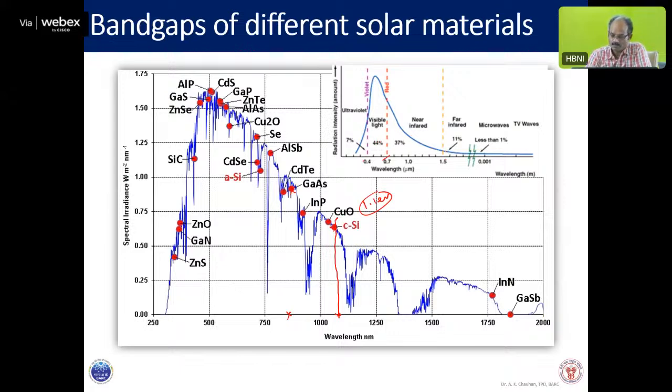Then this part up to 1.5 is nearly 37% of the total energy which is falling. And in the ultraviolet part, we have nearly 7%. After this 1.5 electron volt energy, we have a very small fraction, nearly 11%. And above this, it's less than 1% energy.